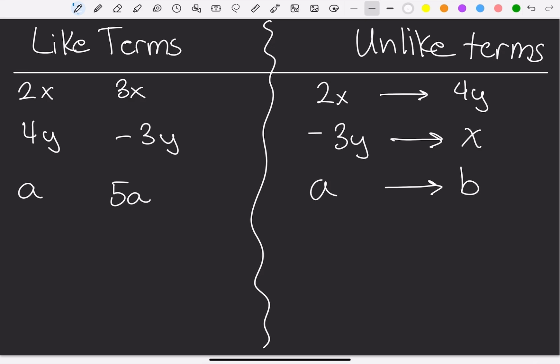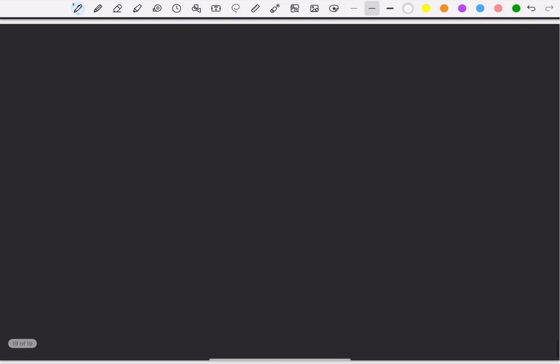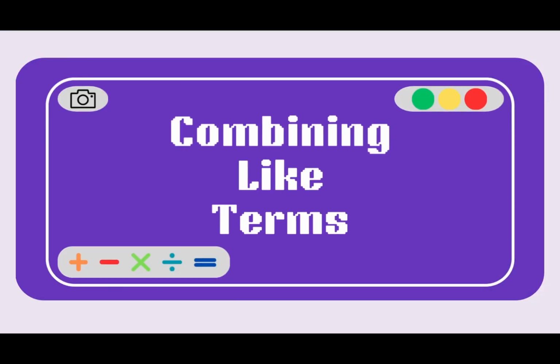Now here's the thing. Later on in a future video, we'll talk more about what we can do with unlike terms, because solving equations that have unlike terms takes a little bit more work. But right now, we're going to talk about what we can do with like terms. So what can we do with like terms? Well, we can do what is known as combining like terms.